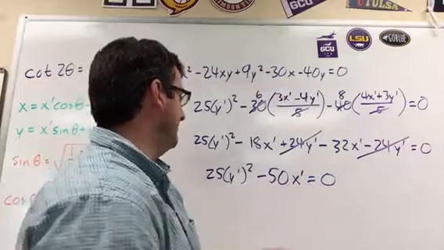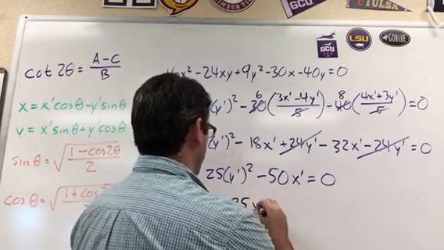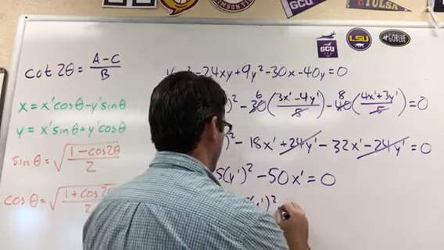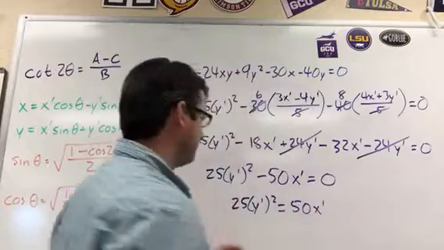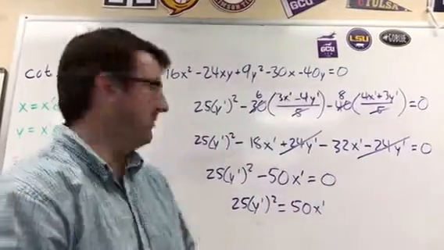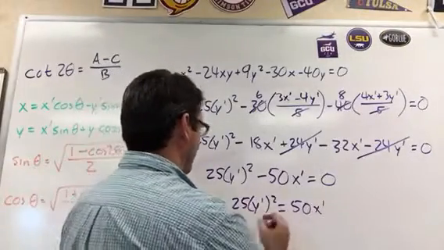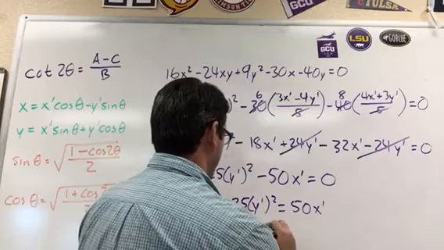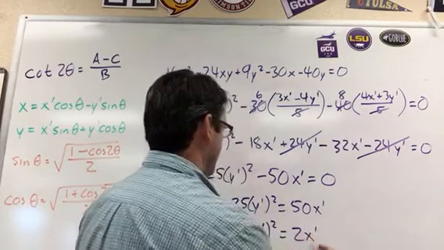And let's go ahead and move this over to the other side. So we get 25 y' squared equals 50 x'. And now both of these are divisible by 25. So we can divide both sides by 25, and we get y' squared is equal to 2x'.